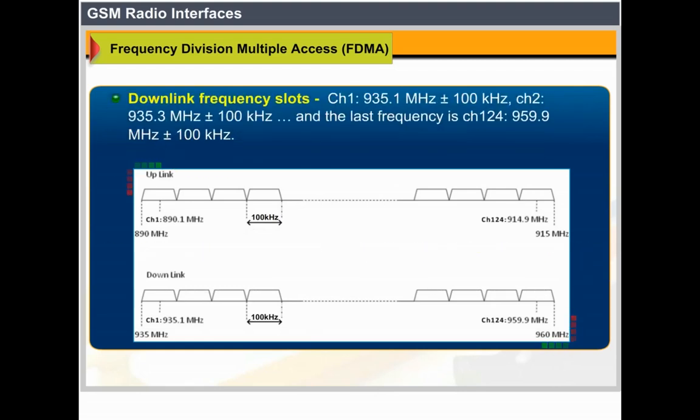Downlink frequency slots: CH1 935.1 MHz plus or minus 100 kHz, CH2 935.3 MHz plus or minus 100 kHz and the last frequency is CH124 959.9 MHz plus or minus 100 kHz.